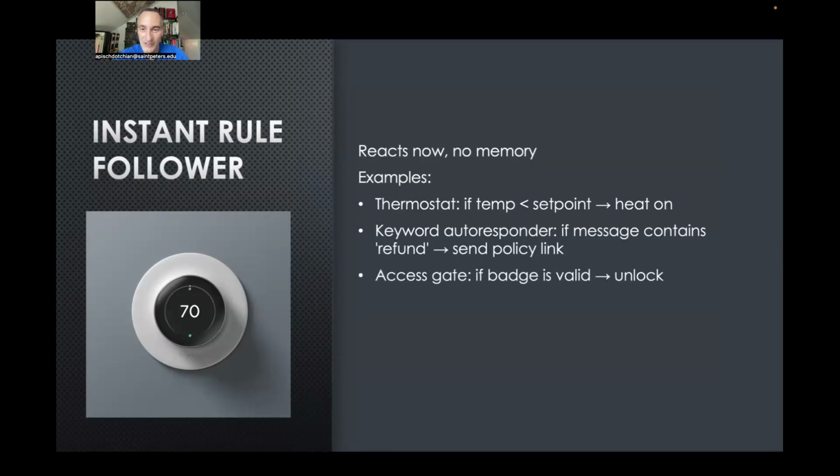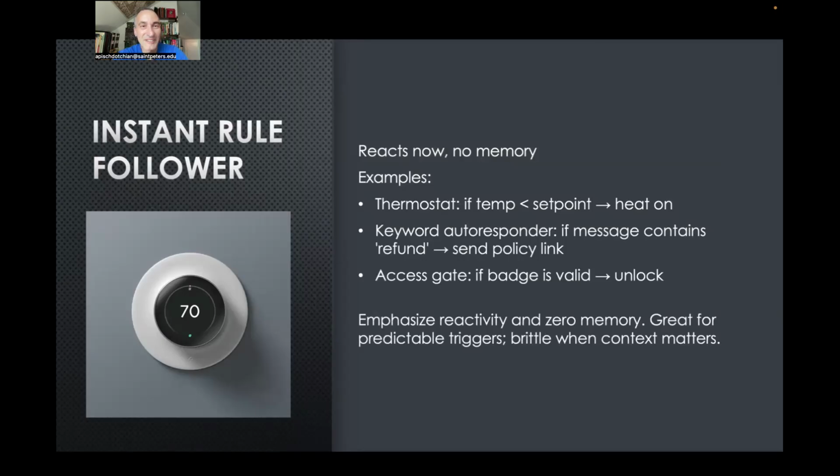Access badge. If badge is valid, unlock. And how many times has that happened to you that the badge was valid and it did not unlock? I remember quite well. Emphasize reactivity and zero memory. Great for predictable triggers. Brittle when context matters.